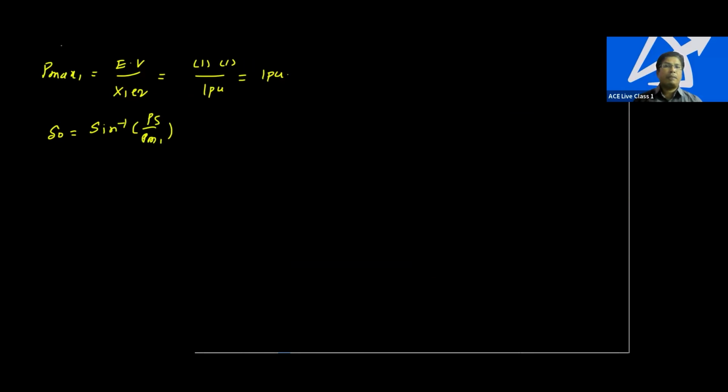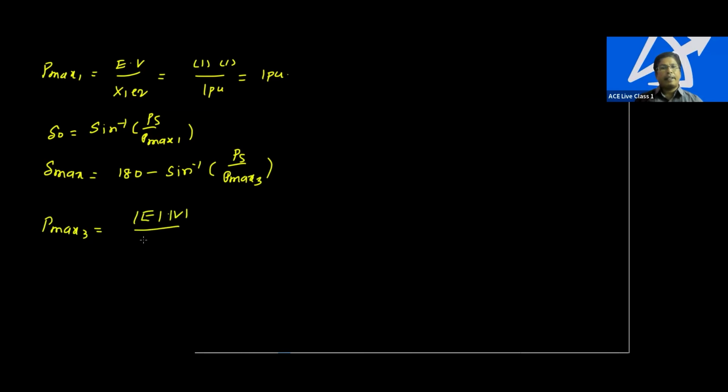PM1 means P max 1. And the delta max, the maximum delta value, is 180 minus sine inverse of PS by P max 3, where P max 3 is nothing but E into V divided by X3 equivalent.